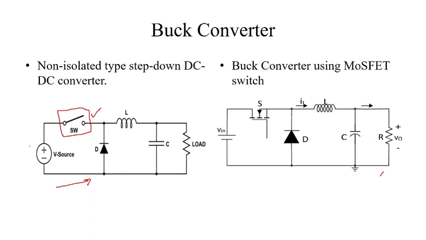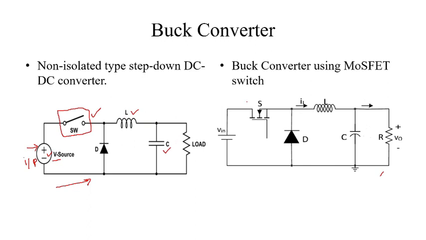This is our input side, and we are going to supply this converter a DC voltage. One diode is used here, one inductor, one capacitor, and this is our load. These are the components by which we can design a buck converter.